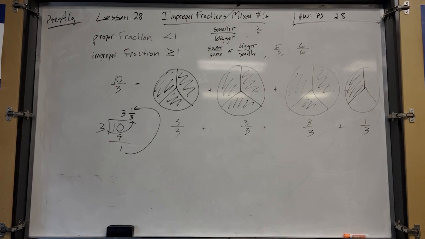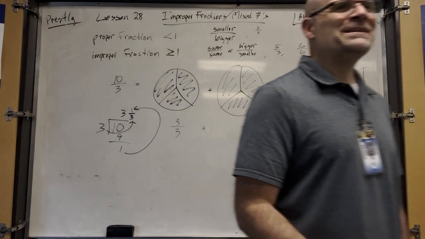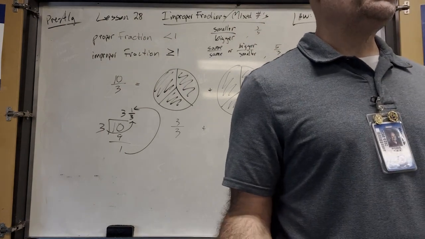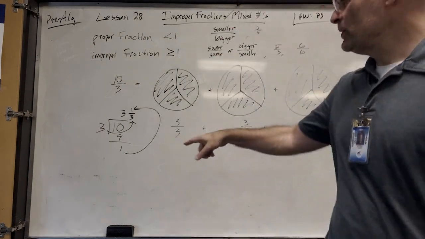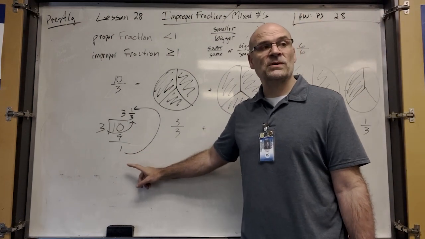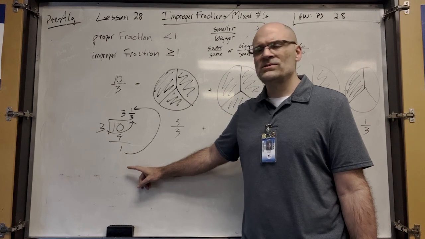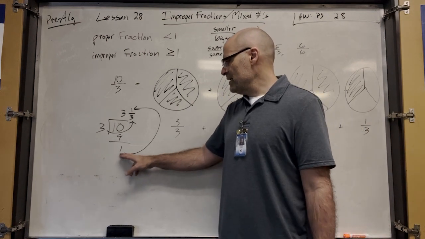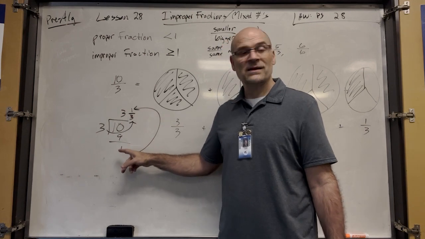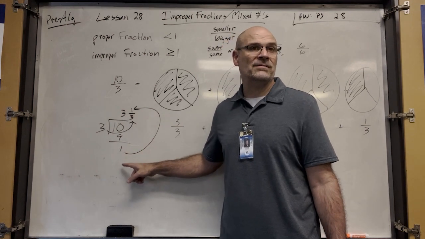Once a denominator, always a denominator. Okay? When you do a division and you have a remainder, you can either write R1, or you can write your remainder as a fraction, which is what we're learning today. Most of you knew this, but really what you're doing is dividing 10 by 3, and then dividing the 1 by 3.